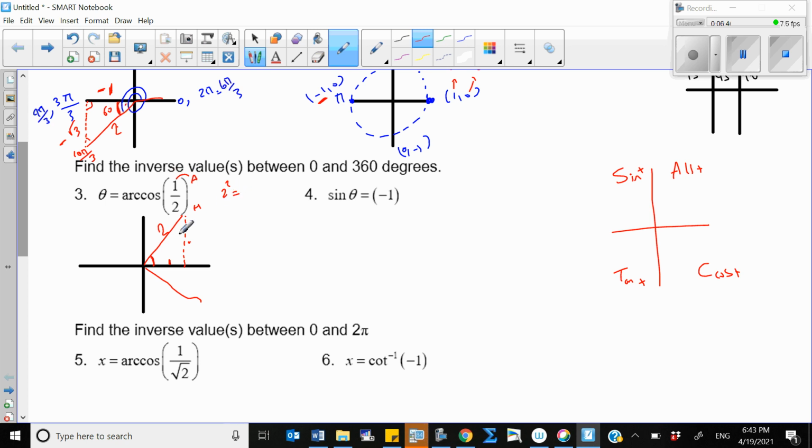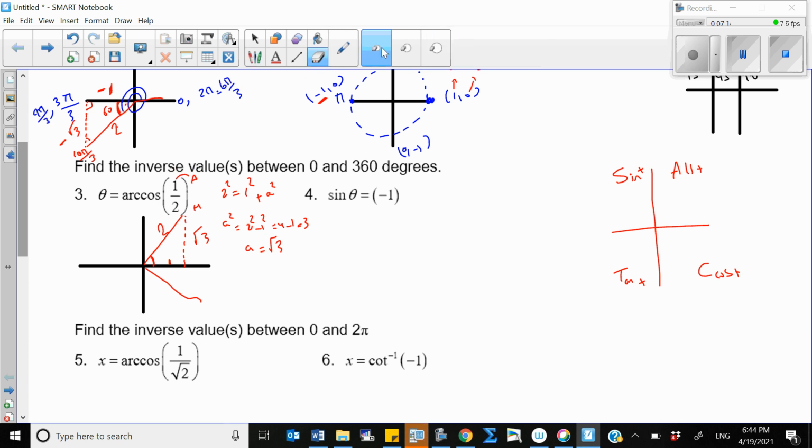I'm going to say 2 squared equals 1 squared plus this other side. Let's call that a for now, a squared. So a squared is 2 squared minus 1 squared, which is 4 minus 1, it's 3. So a is root 3. So we found that this side is root 3.